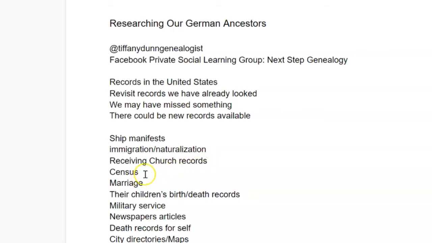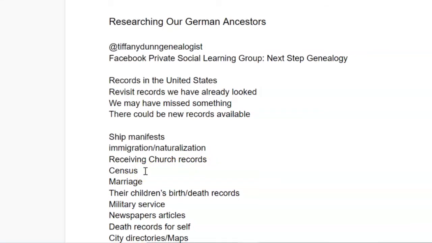Census records, that's a great one. Just because you find your ancestors in one census, look for them in all censuses that would have been a possibility. Each census asks slightly different questions, and so you might be able to infer some things from one that you haven't from another.